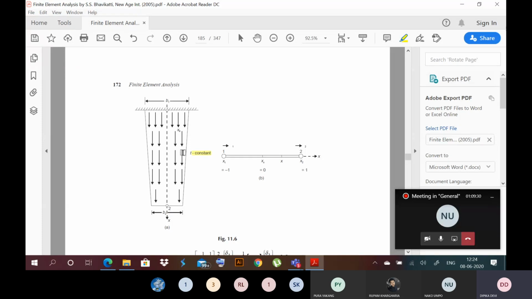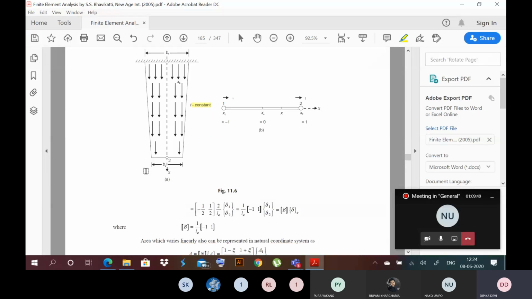I told you in the last class, we can use isoparametric formulation to relate the Cartesian coordinate to natural coordinate. So here the same isoparametric concept will be used to relate the variation of this area using the shape function. How they will be used, I'll show here.